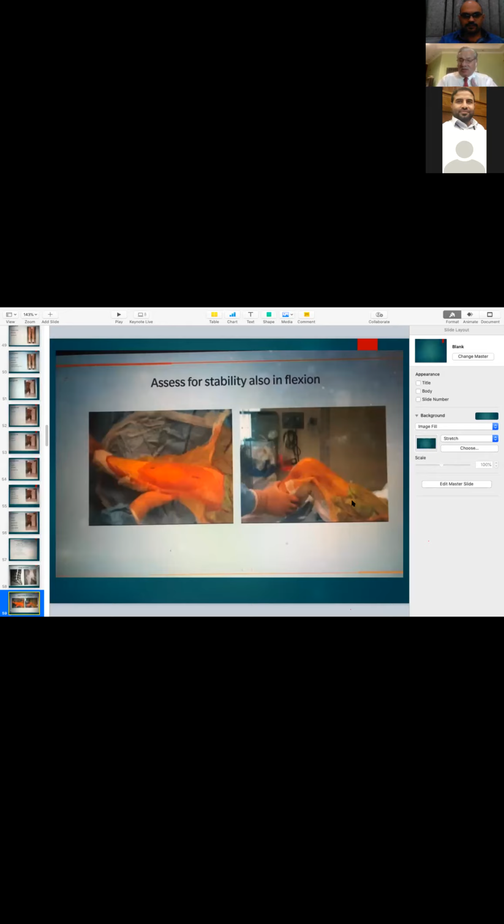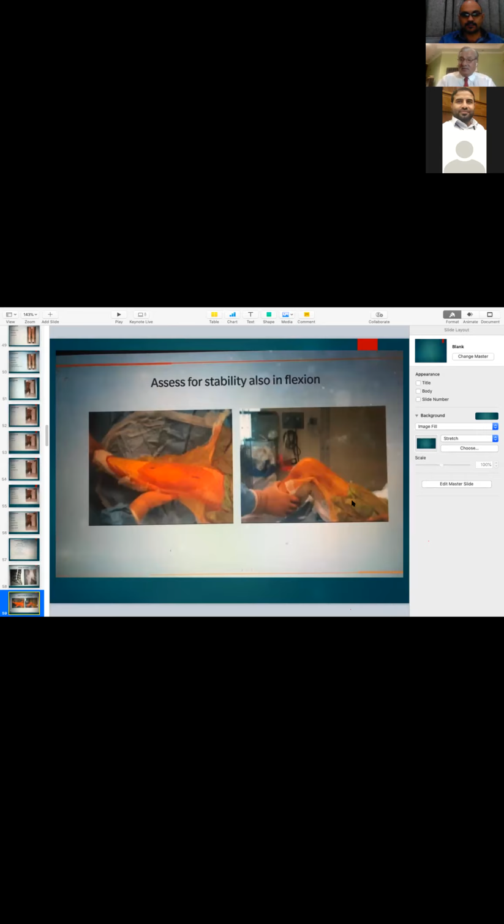So you can concentrate on the collateral ligaments, MCL, LCL, ACL, PCL, according to the type of the surgery, whether CR or PS. So it's important for the examiner to know the situation of the ligament, whether it's lax or not lax, tight or not.